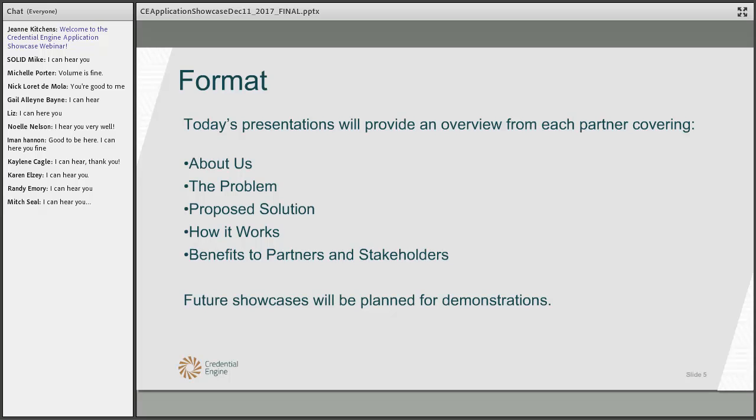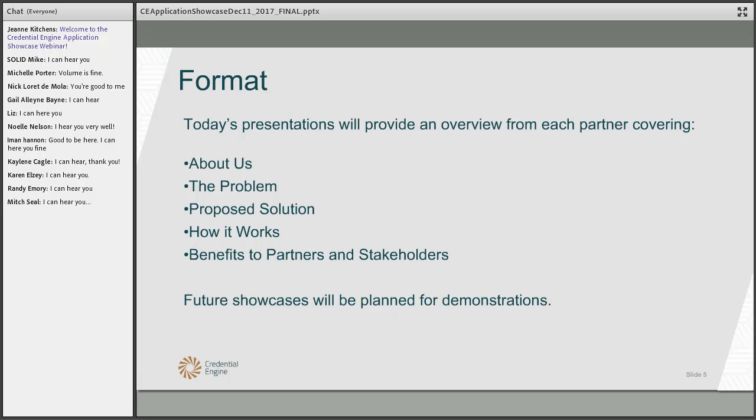Each presentation will be formatted similarly, and each presentation will last for approximately 10 minutes. Each presenter will talk about their company. They will talk about the problem that Credential Engine data can help solve.